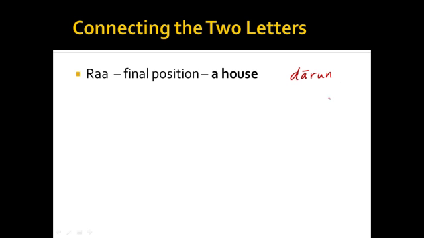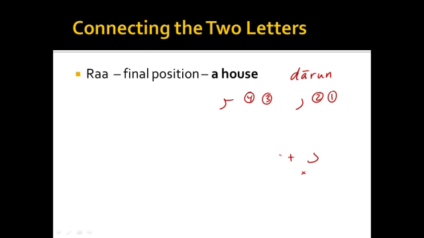So if we remember, the ra in the independent and the initial position looks like this, and in the medial and the final positions looks like this. So we have darun, we have a dal. Okay, remember that from previous lesson. And the dal does not connect to what comes after it. So we're going to add here an alif, because the alif connects to what comes before it.